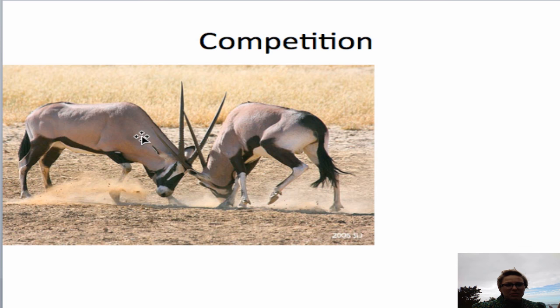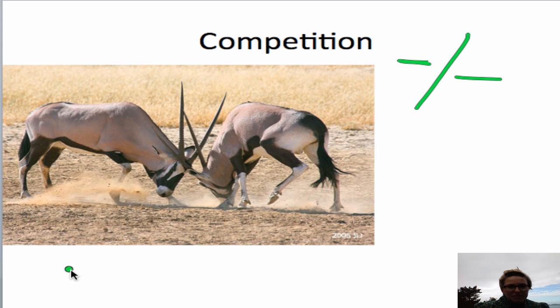Now we're moving a little bit away from symbiosis, and we're looking at other species interactions. These aren't new to you, but I just wanted to shed some light on them. Competition is a species interaction where both don't benefit, right? So this is competition for mates, for food, for shelter, for water, any sort of competition.